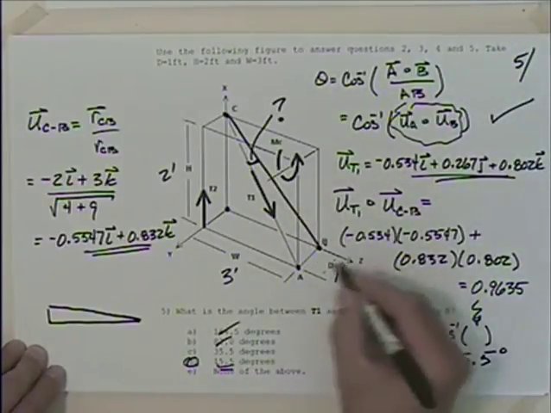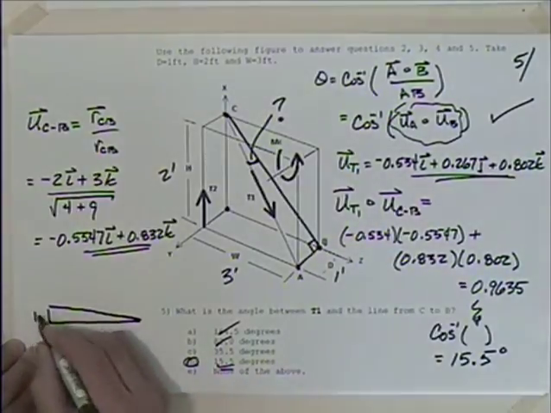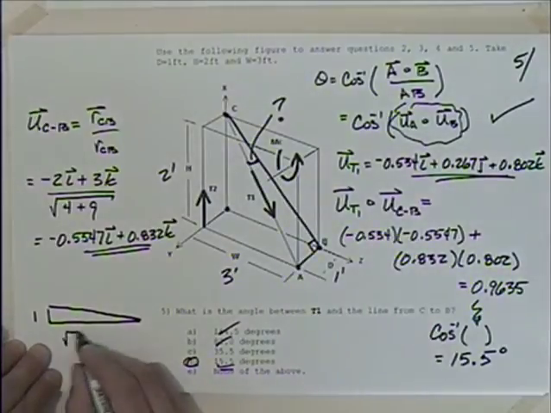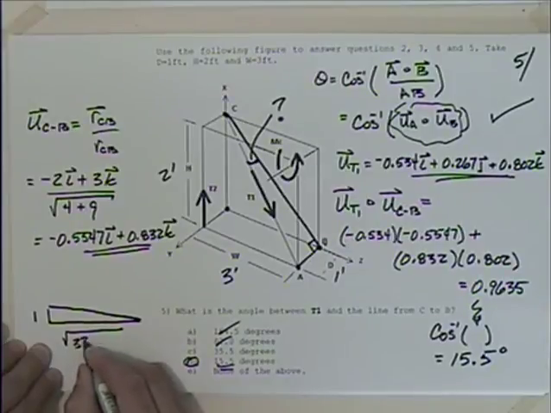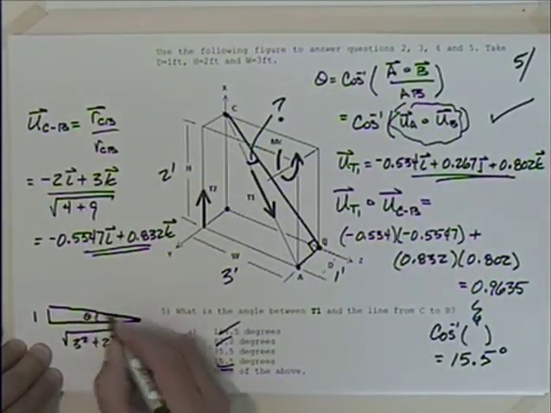But in this problem, you recognize that if you look at this as a right angle here, you have 1 there, right? And then this side is just going to be the square root of 3 squared plus 2 squared. And there is your theta.